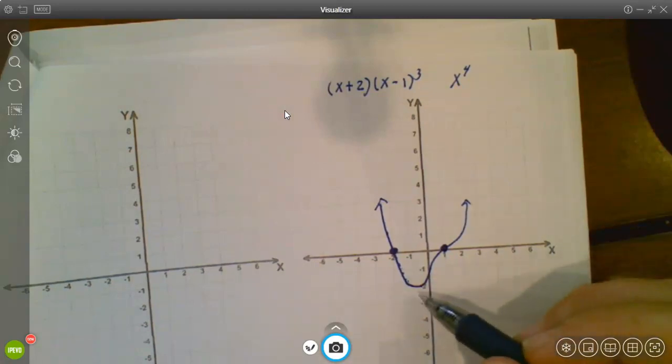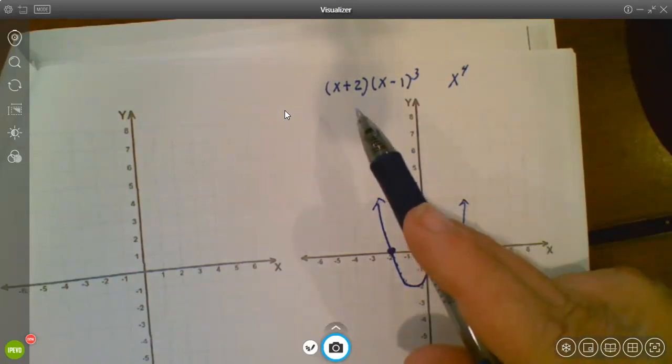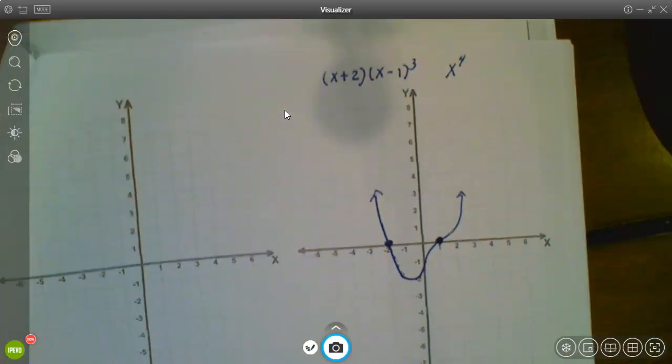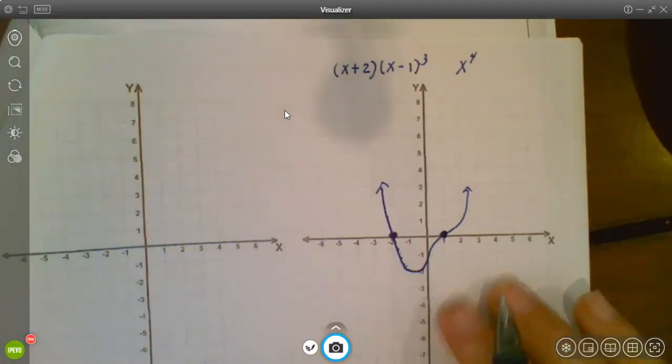I really don't know exactly where this minimum would be unless I plugged in some real numbers. I could plug in negative 1 and 0 for x and get some actual real values here, and that would make this graph more accurate. But for now, I just want us to be able to do a rough sketch similar to what we just did.